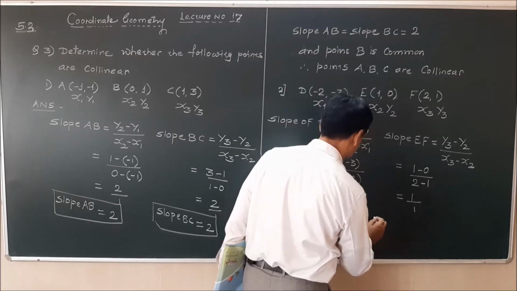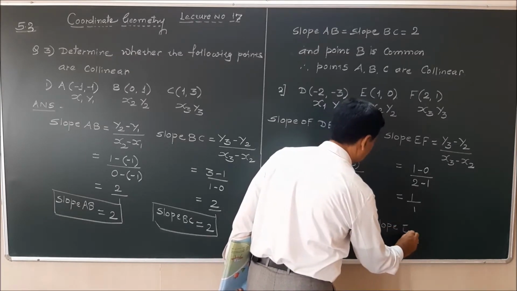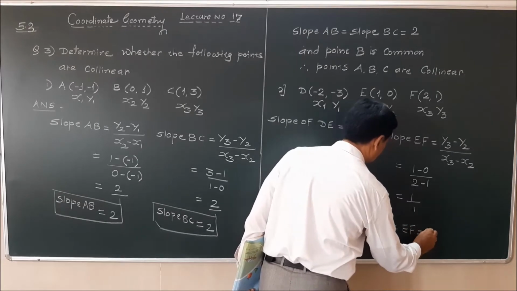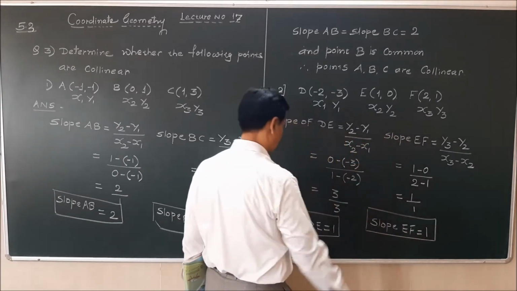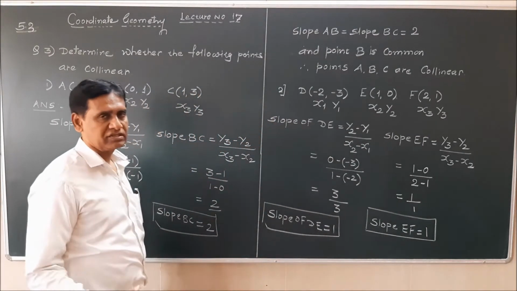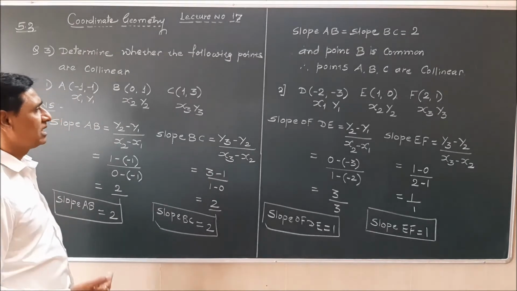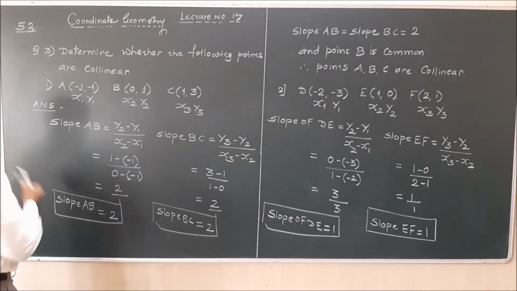So in this case also you will find slope of EF is equal to 1. So slope of DE is equal to slope of EF. So naturally you will find in this case also points D, E, F are collinear points.